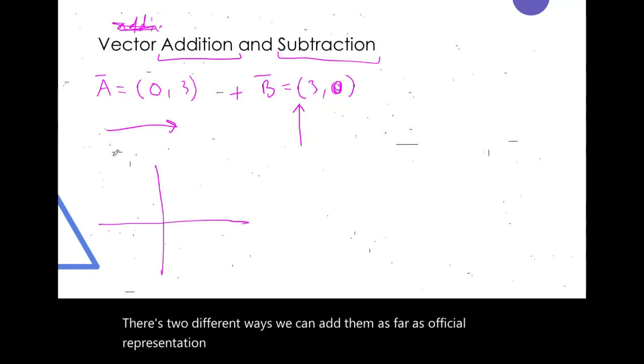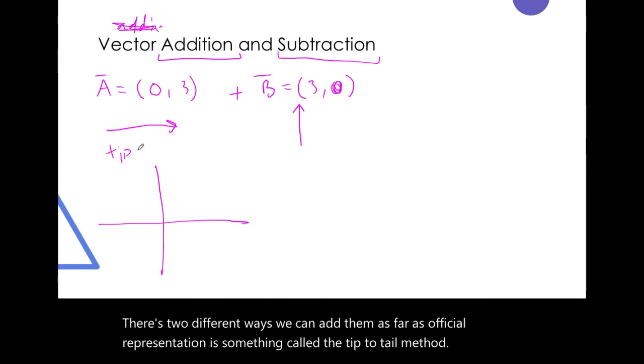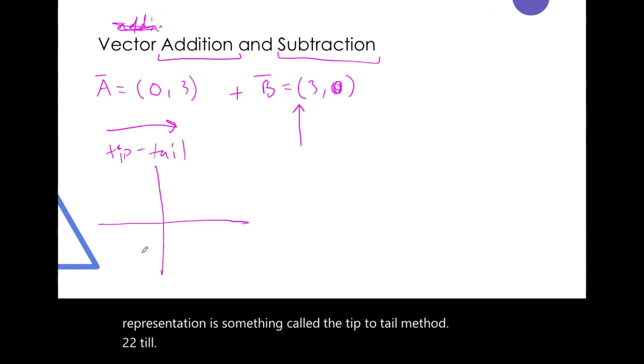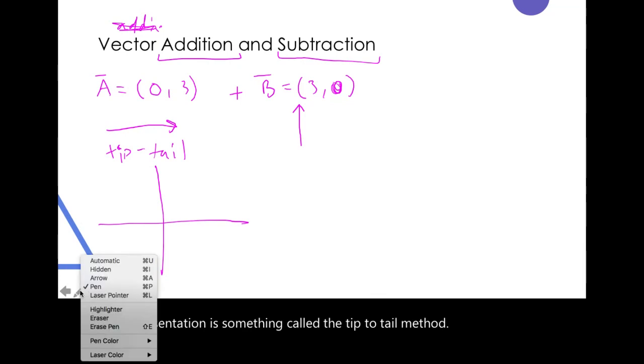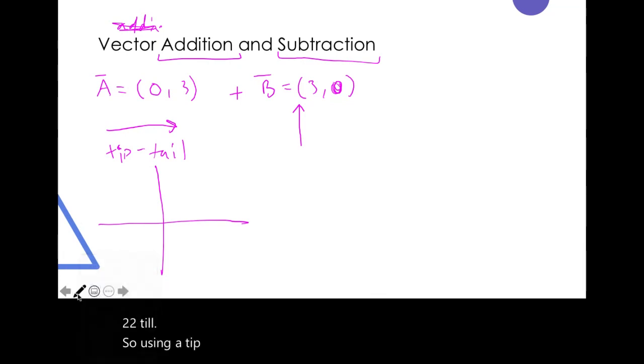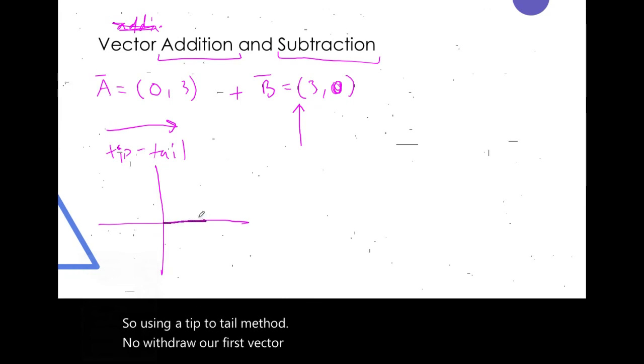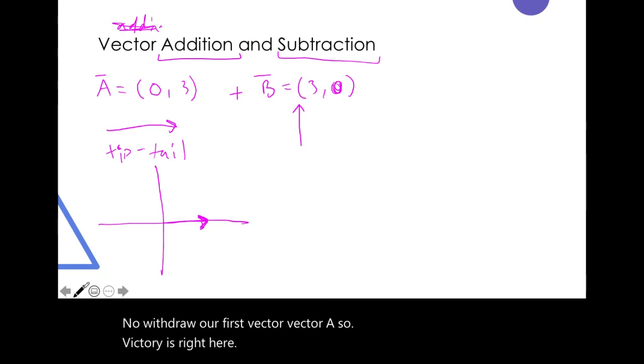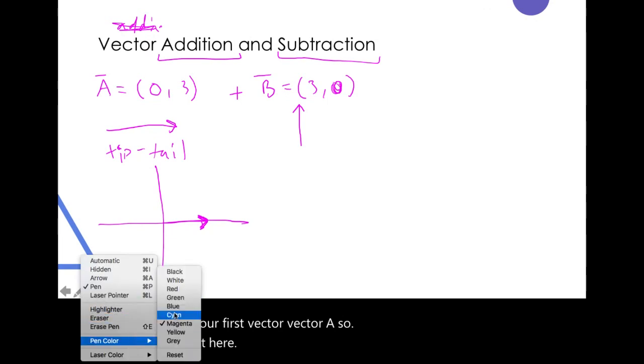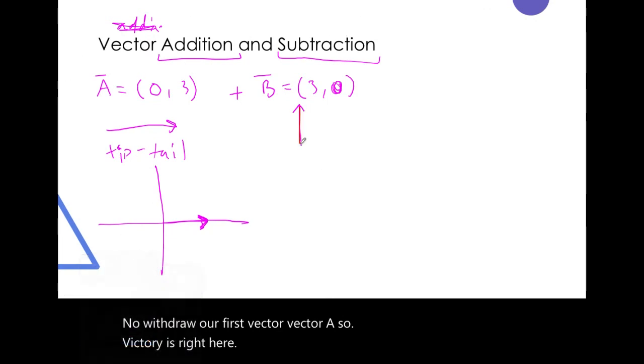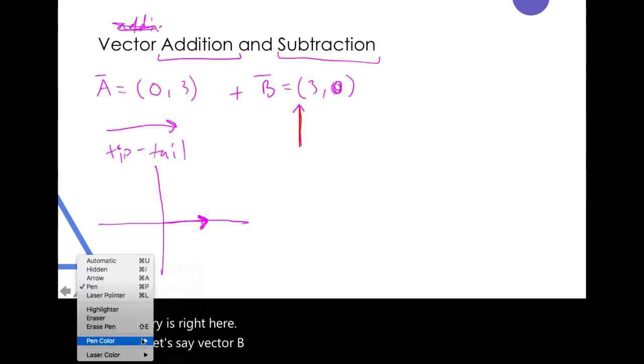There's something called the tip to tail method. So using the tip to tail method, we'll draw our first vector, vector A. So this vector A is right here. And let's say vector B is a different color.